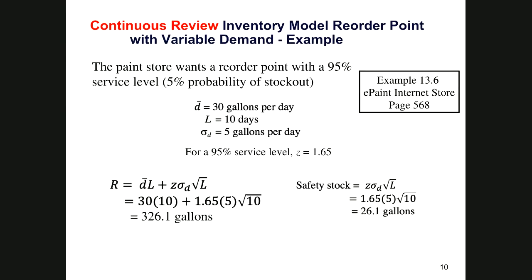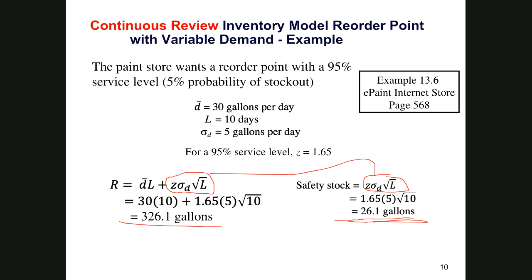Again, this is the work that we've done previously, and we knew everything in our formula except our Z value. And as we substitute in, we'll see that our reorder point is in fact 326.1 gallons. And if we wanted to know what our safety stock is, our safety stock is just this component of the equation. And so the safety stock for this example is 26.1 gallons.